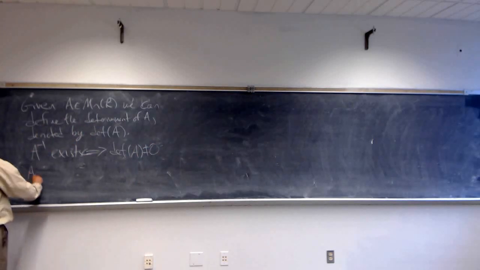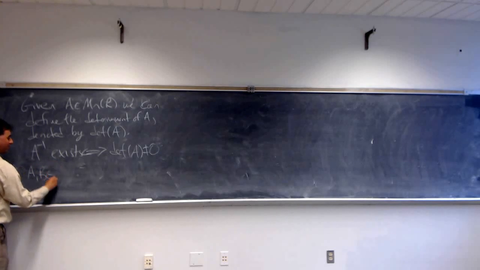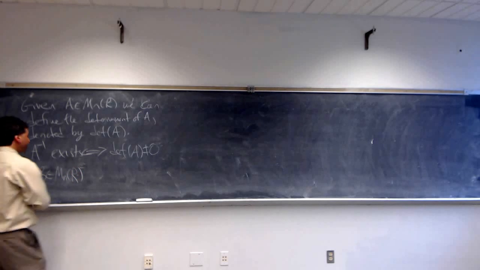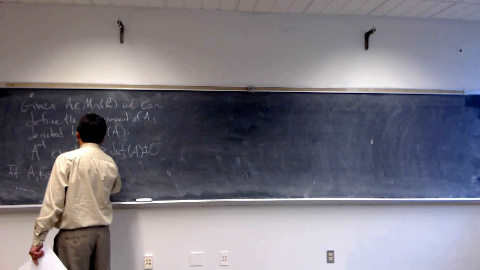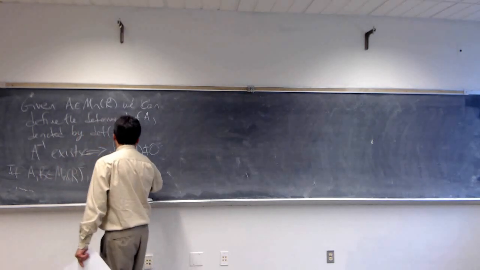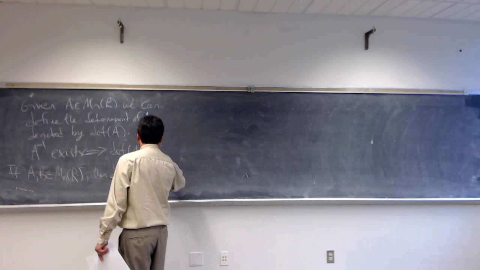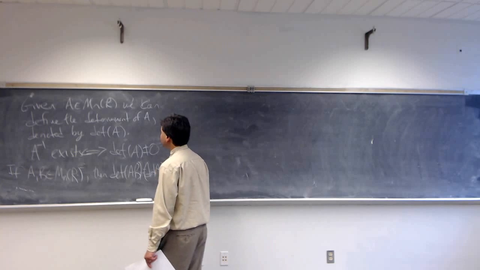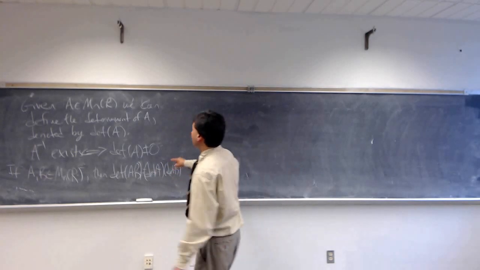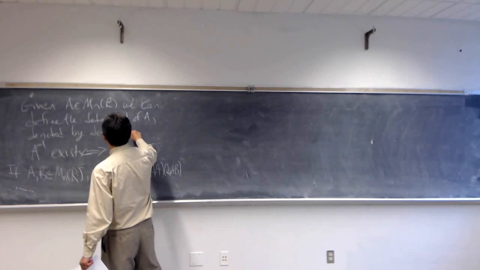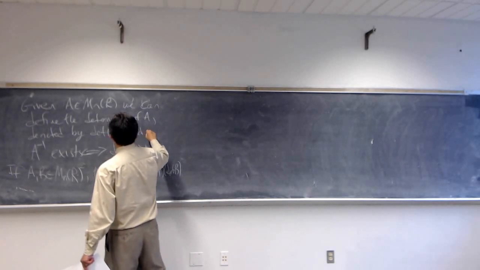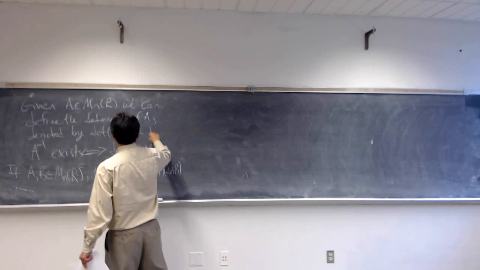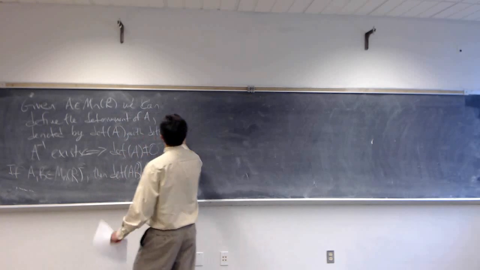And also if A and B are matrices, then if we take the determinant of the product, that's the same as taking the determinant of A times the determinant of B. Let me add to this definition that the determinant of A is not a matrix, it's a number.